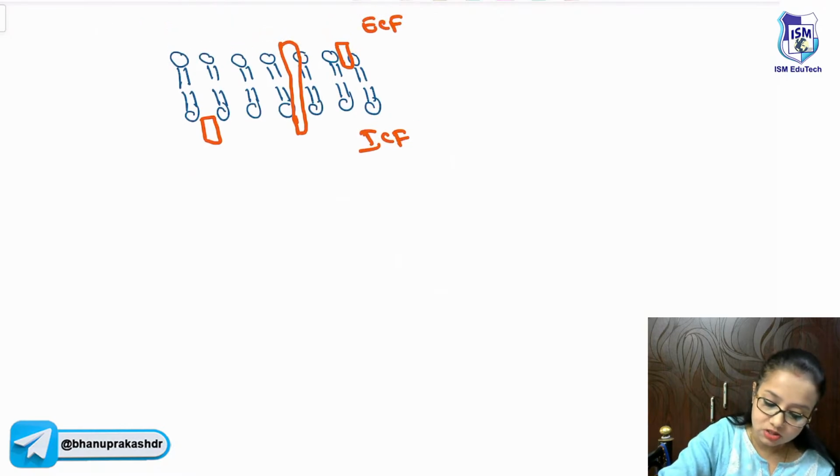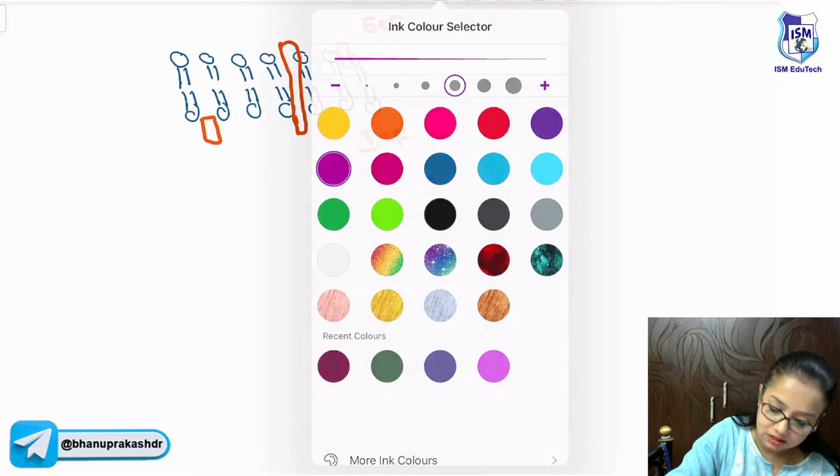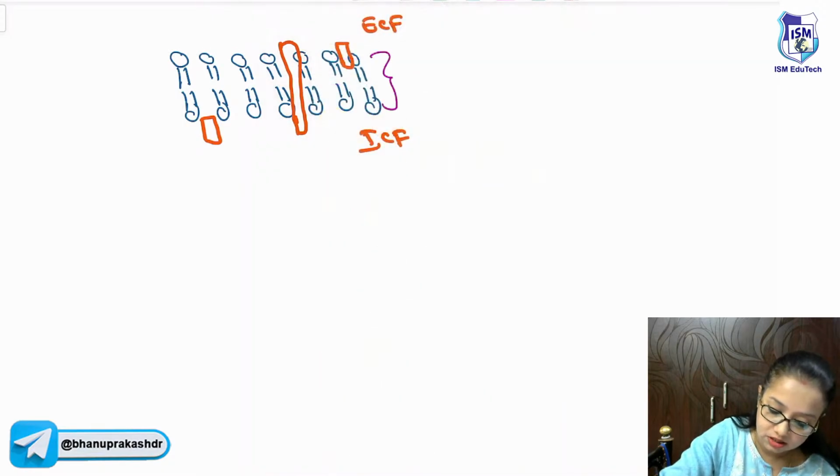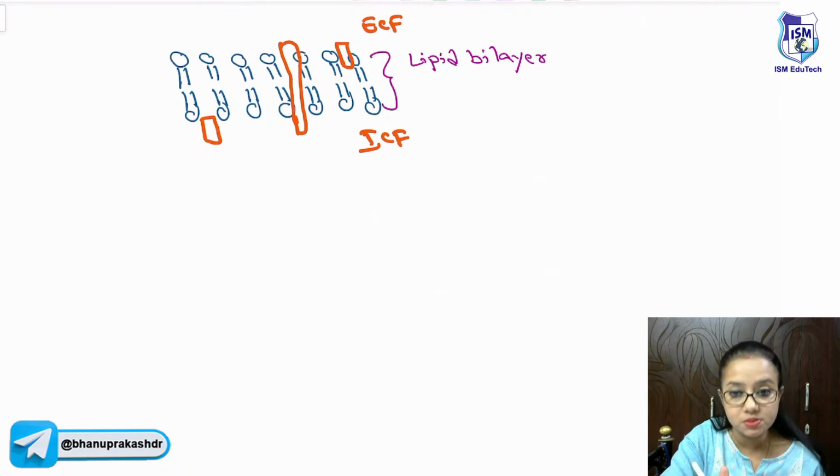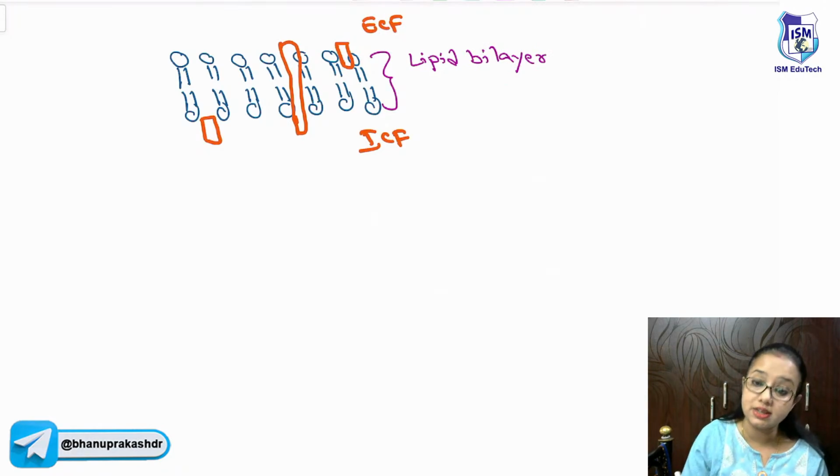Now, this structure we call the lipid bilayer. Whenever any substance, whether it is water or something else, tries to enter the cell, the first barrier, the first structure that it will come across is this cell membrane.